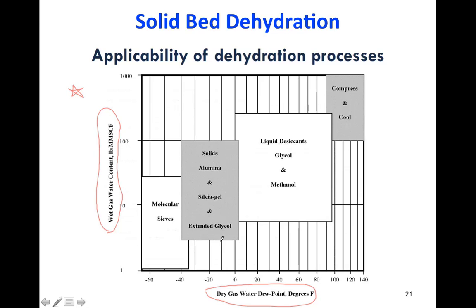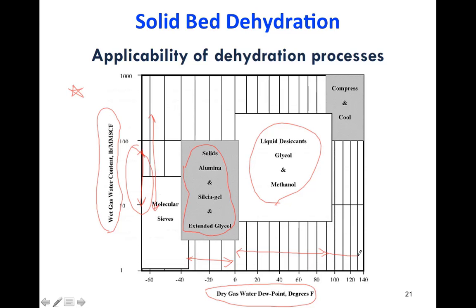So you can see, when we have a low dew point and an average water content, we use this solid bed. When we have a higher dew point and a little bit higher water content, we go with the glycol process.